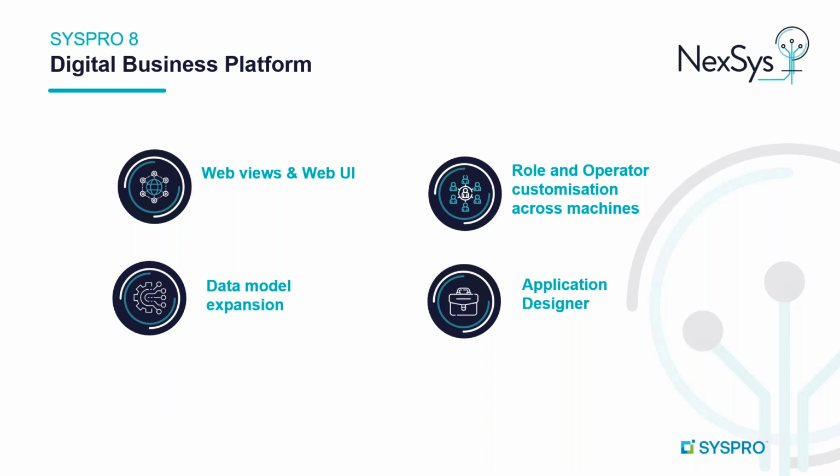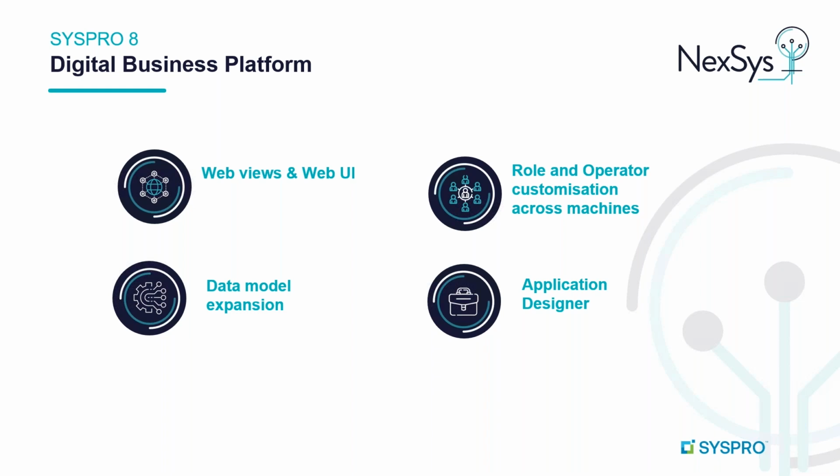Now, we talked about customization a little bit earlier. One of the new tools that was introduced in the earlier releases of SYSPRO is an application designer. This powerful tool really changes the way that we're able to go ahead and build screens within SYSPRO, making them look exactly like all other areas of SYSPRO, but in a faster, simpler, more agile manner.